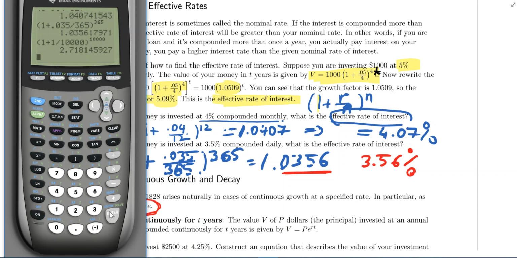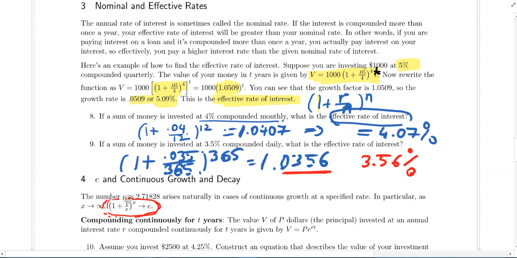You see that it's 2.7181. If you let x be a million, it's just going to get closer and closer to this value, 2.71828, and that's e, your Euler constant.